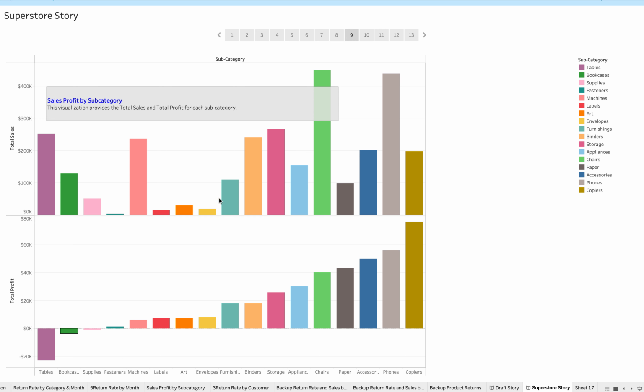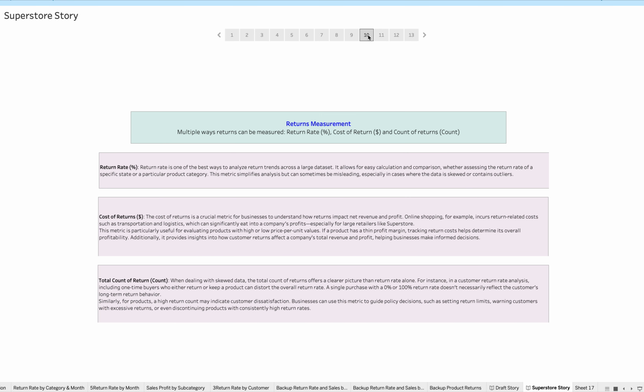And now moving on to the next, this is just some wording on how returns can be measured in different ways.